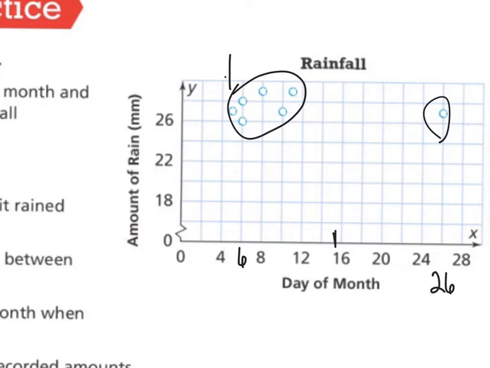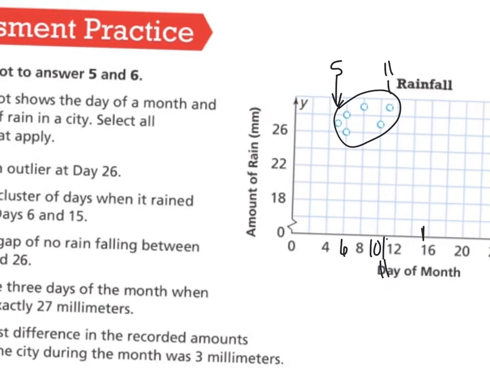This is actually starting at day 5 and going, this is 10, so this would be 11. It's actually between days 5 and 11, not between day 6 and 15. So we will not check that one.